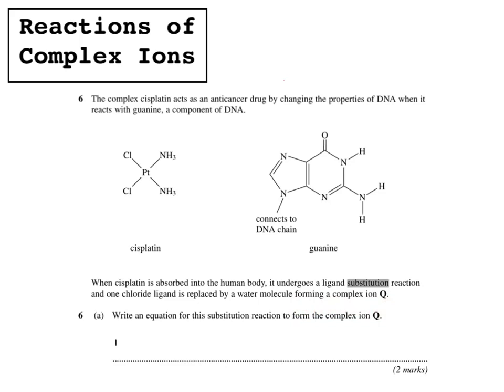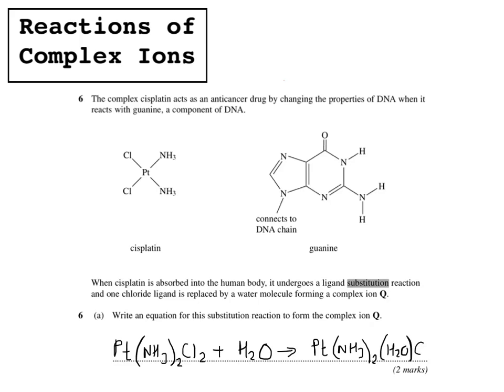So you've got your cisplatin, which is Pt(NH3)2Cl2. That has no charge. And then we're adding water, and that's kicking off one of your chloride ions. So you're going to make Pt(NH3)2(H2O)Cl.